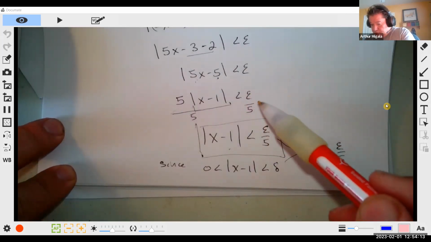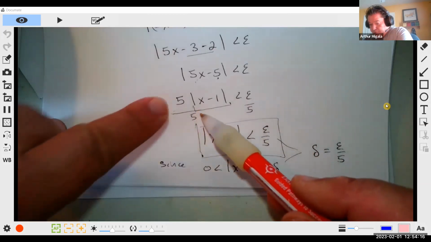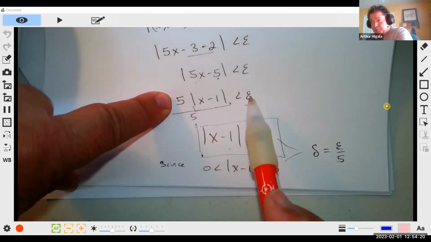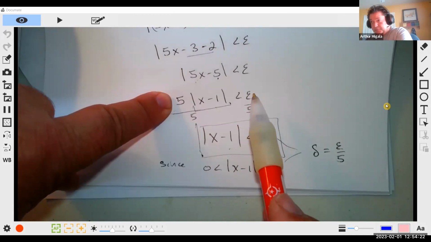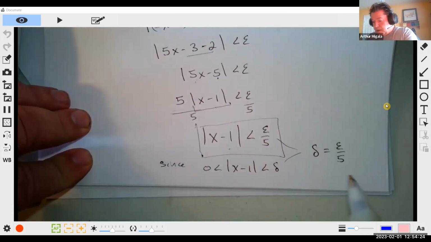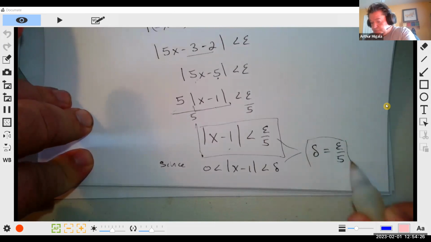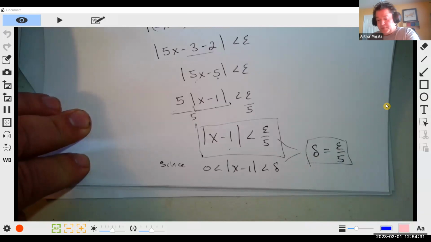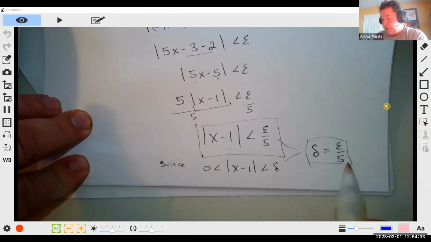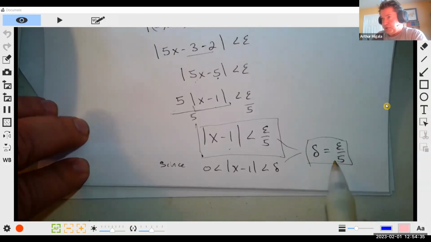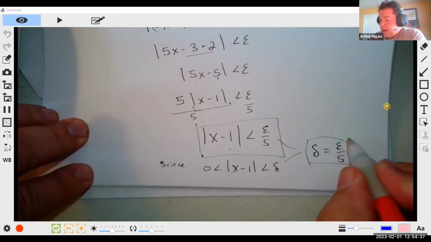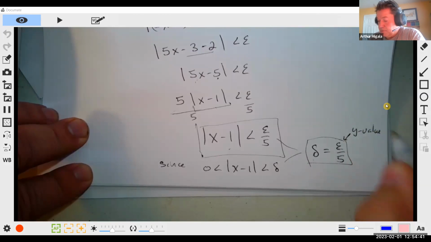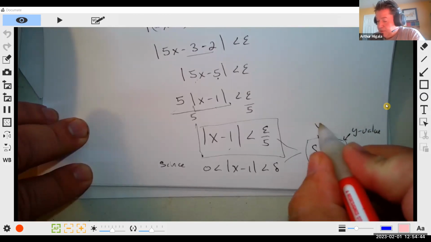Now if we look back here, we could define the actual value of epsilon. Once we know what delta is, we find the absolute value of delta. So this is the important part here. Now we have how close each of these are going to be. Remember, epsilon deals with the y values, and delta deals with the x values.